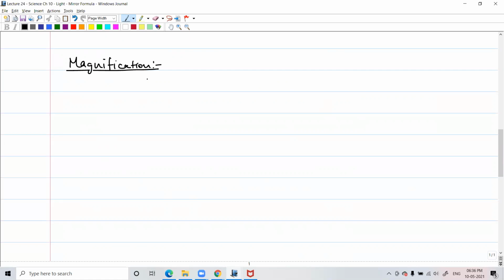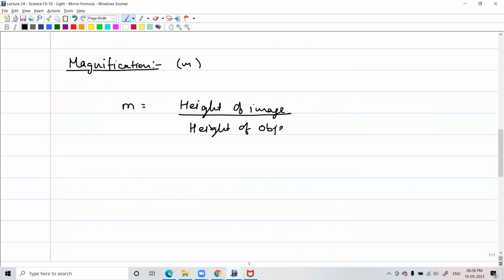Magnification is usually represented by the letter small m, and m is equal to height of image by height of object. Height of image we represent as h dash and height of object as h.